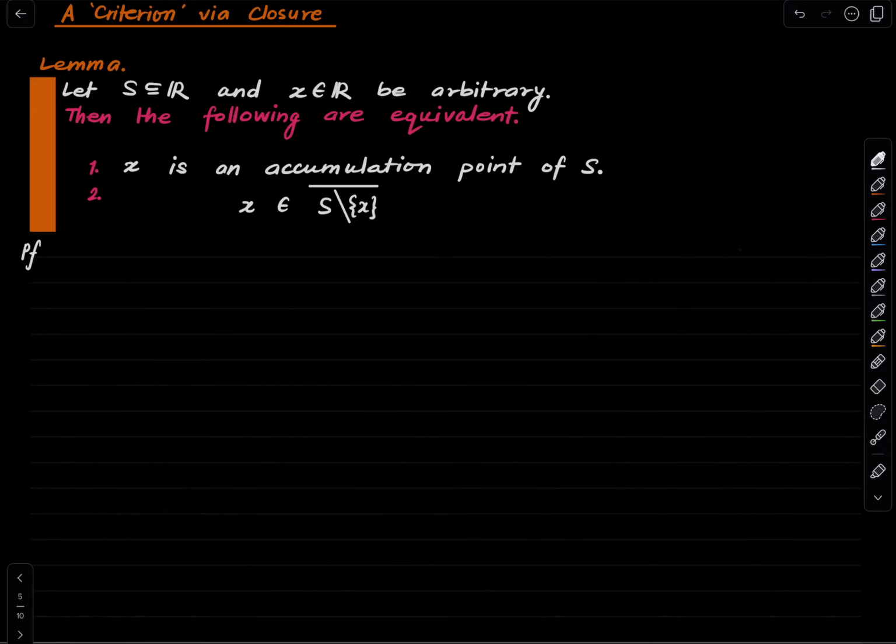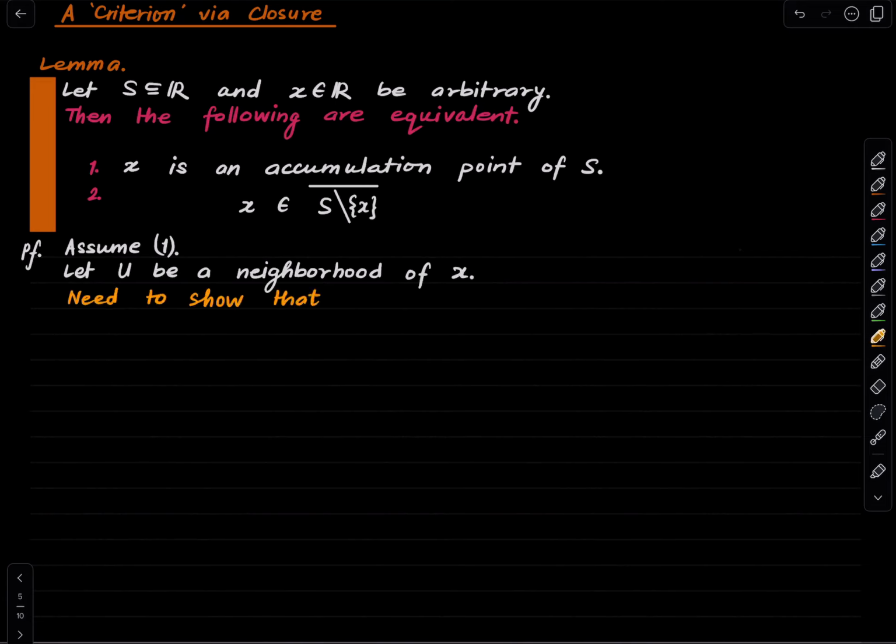So assume 1, want to show 2. And to show 2, what do we need to do? What do we need to do to show that something is in the closure of something? We need to show that whenever we choose a neighborhood of x, it intersects that set. So let U be a neighborhood of x. Need to show that U intersects the punctured set S. Need to show this.